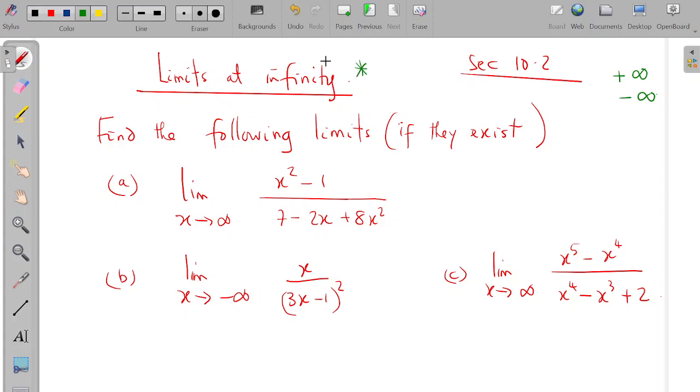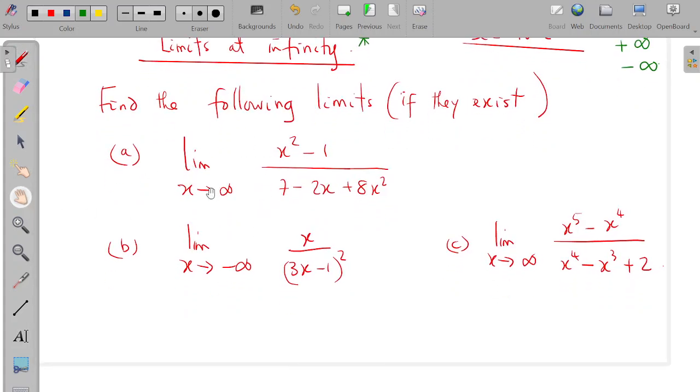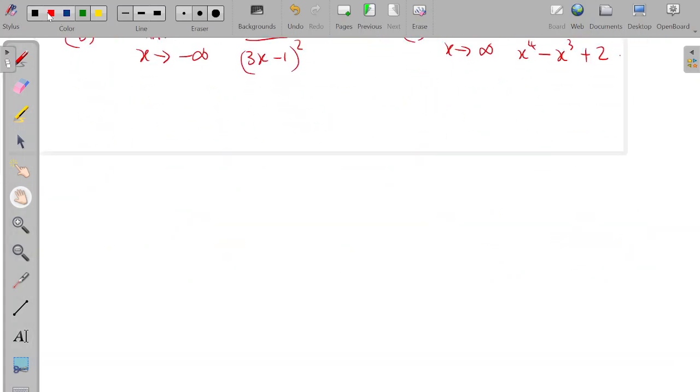Okay, so anytime you want to get limit at infinity, you must make sure that you write whatever function is given to you in this form: limit as x goes to either positive or negative infinity of 1 over x to the power p, where p is greater than 0.